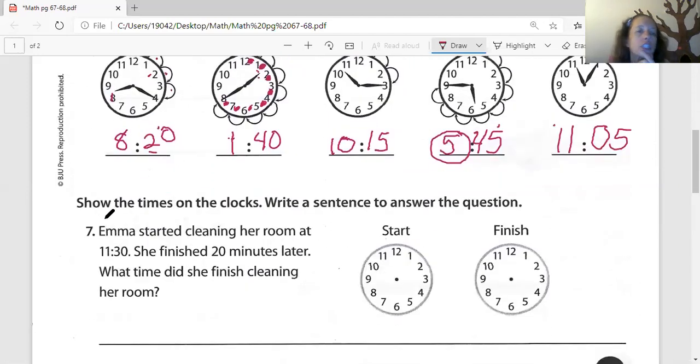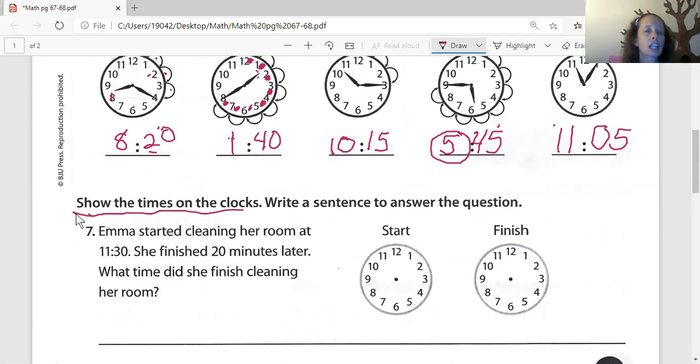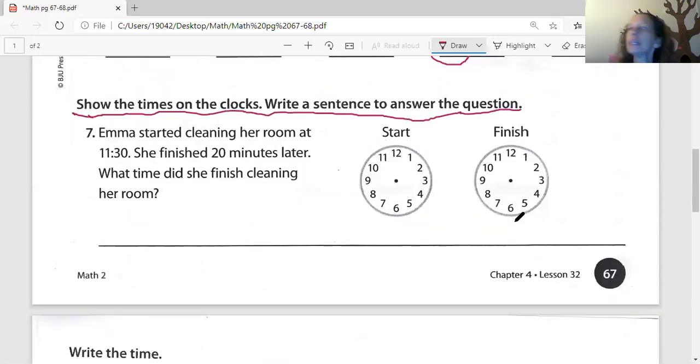The instructions say this. Let's read them together. Ready? Show the times on the clock. Write a sentence to answer the question. Okay. I need KJ to read this problem for me.